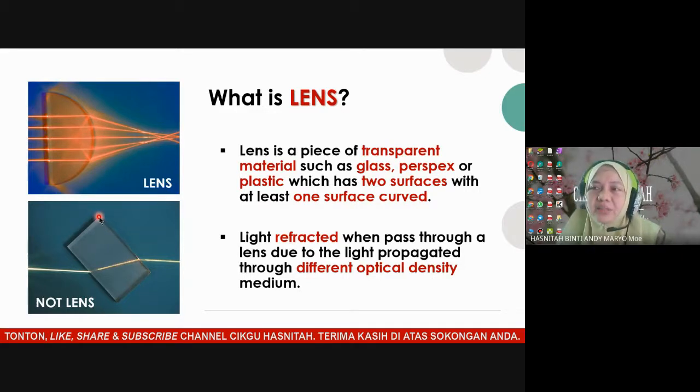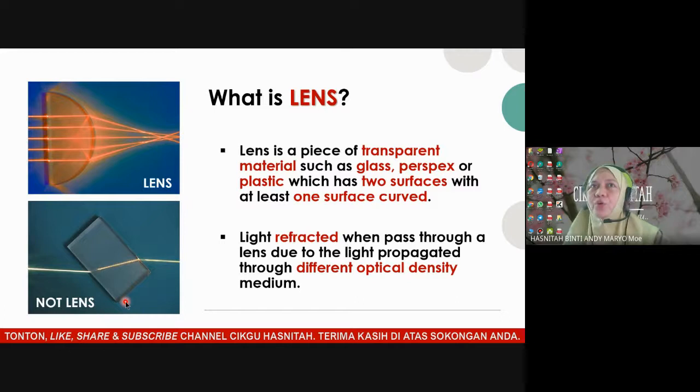Since it does not have any curved surface, we do not call it a lens, even though they are both glass blocks, transparent, and refraction of light can occur. This second glass block is not called a lens because it does not have a curved surface.